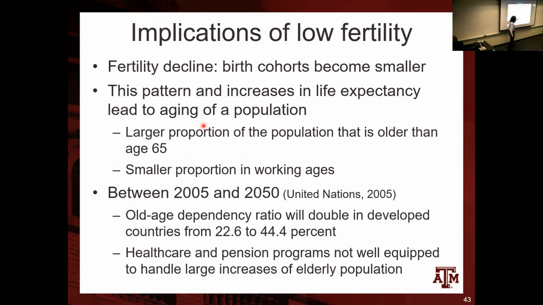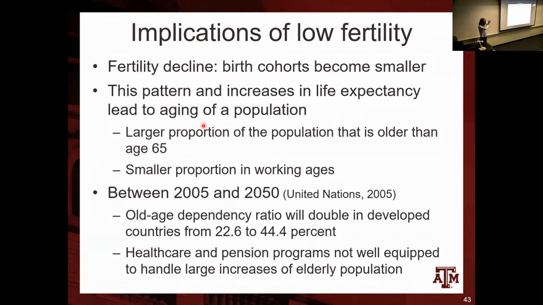And all based on projections from the United Nations between 2005 and 2050, old age dependency ratio will double in developed countries from 22 to 44. So old age dependency ratio, how do we calculate that? We get the number of people with at least 65 years of age and divide by people between 15 and 64.